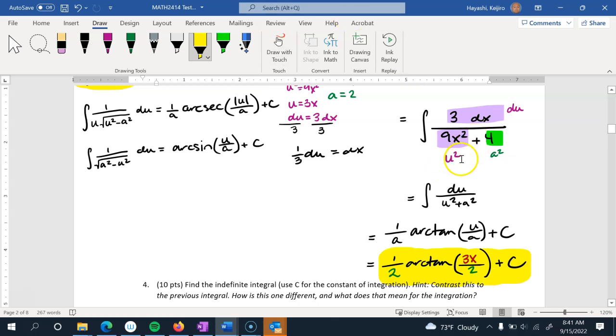Now, once you get to this point, you don't actually have to rewrite it in this form and say that the integral is this. Once you know what u and a are and that you have it in this form, you can just skip right to writing 1 over what a actually is times the arctan of what u actually is over what a actually is plus c.